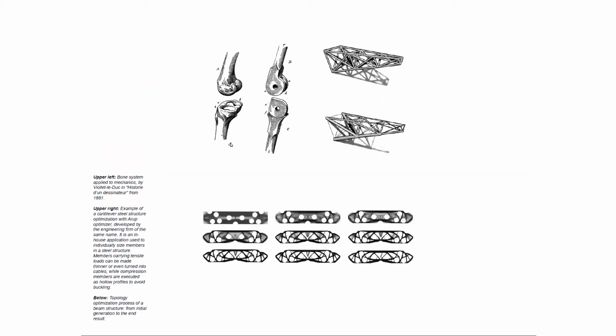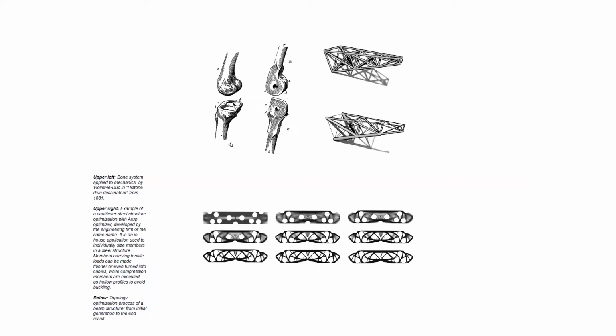Okay, so optimization also appears. There's a specific part of optimization in structural engineering called topological optimization, or topology optimization. It's basically a way to, if you have a structure that has defined anchor points and loads, find where the material needs to be placed in order to get the most efficient structure.